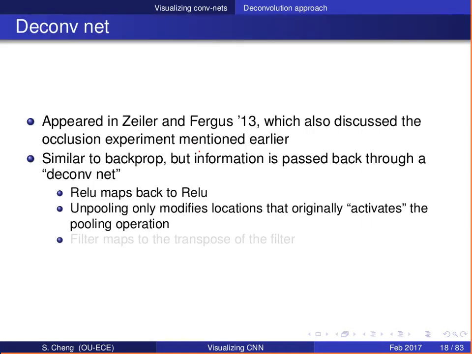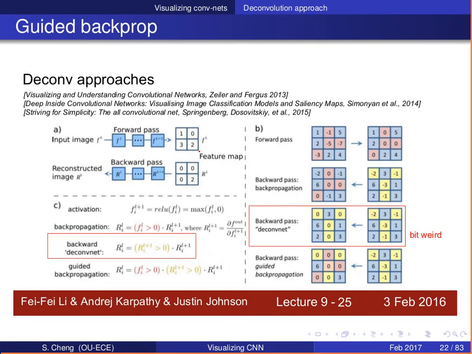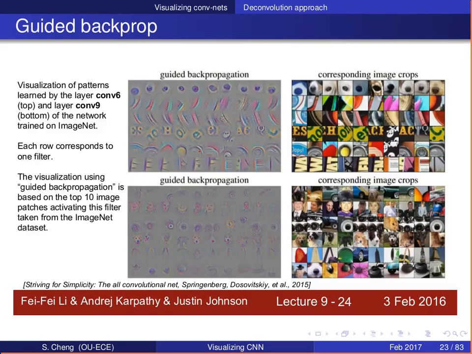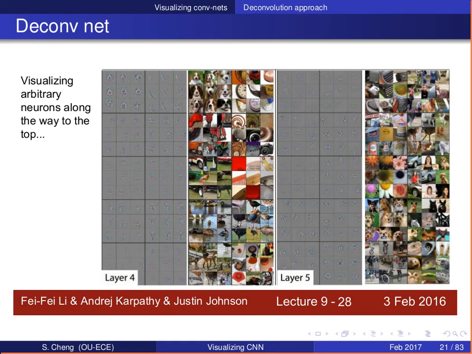Then you can get a nice picture like this in different layers. Basically, you can see that the deeper layers have higher level features. For example, in layer 4, the input is dogs, and you can more or less see a dog face there.